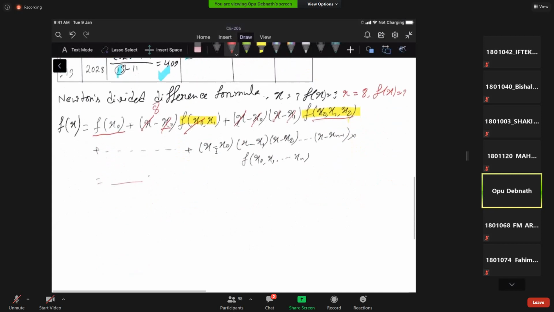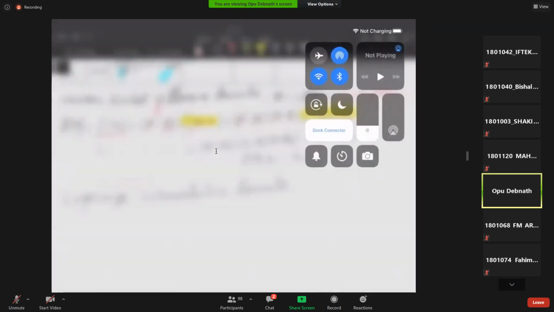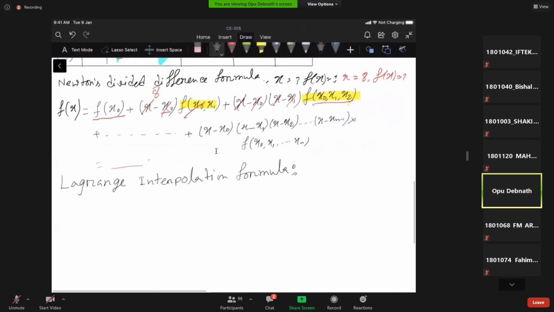This is also for unequal interval. The Lagrange interpolation formula.